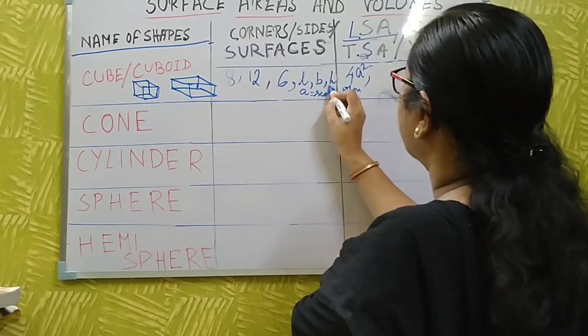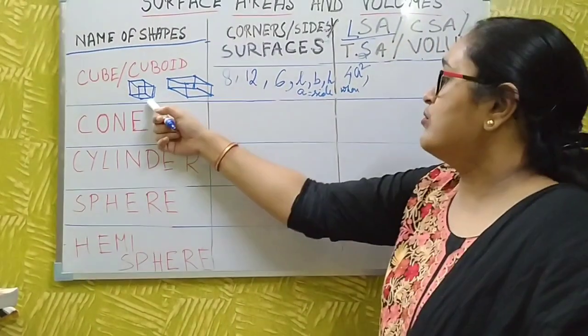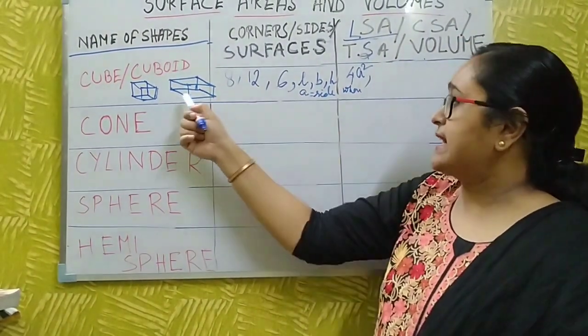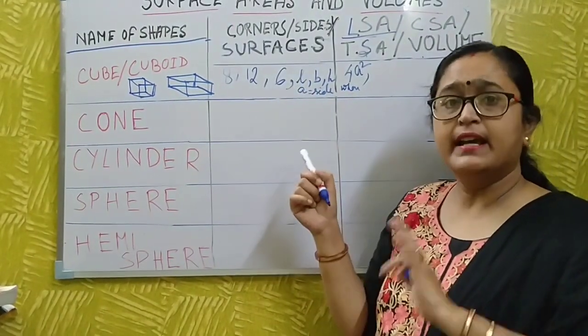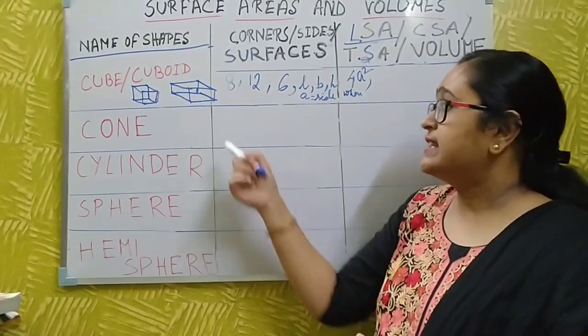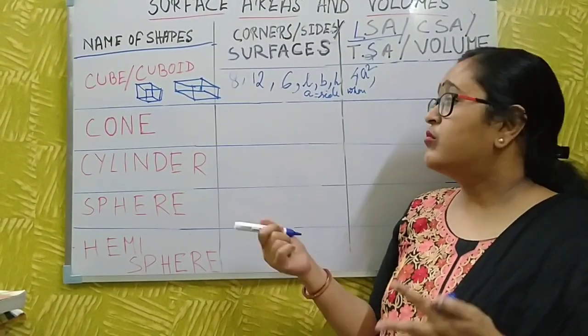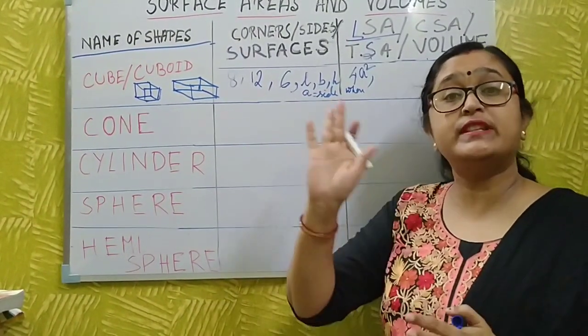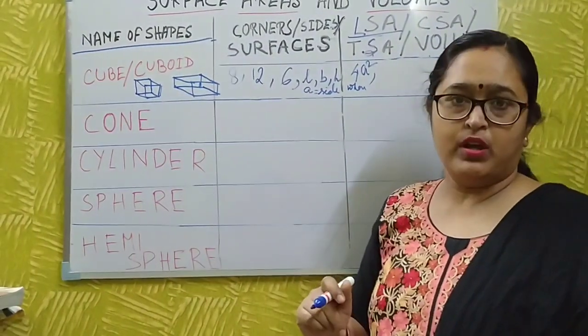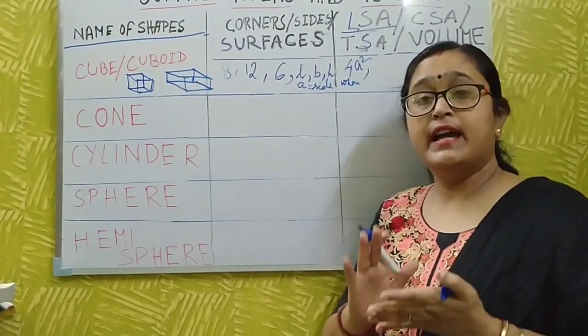That means side, because in a cube all sides are equal, and the cuboid has 3 dimensions: length, breadth and height. The cuboid comes from the rectangle. You also know the rectangle. When we add height to the rectangle, then a cuboid forms.